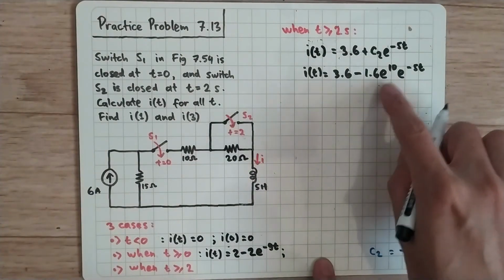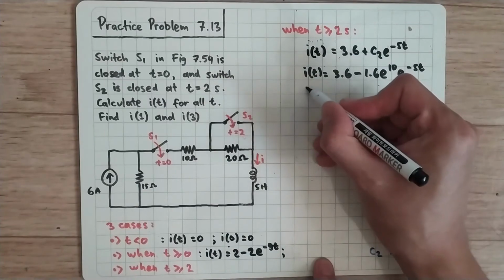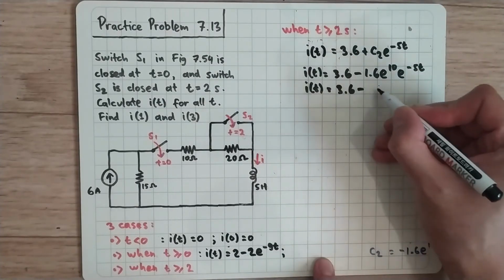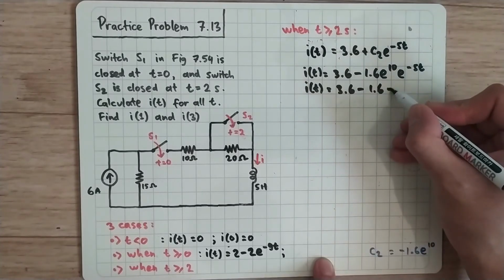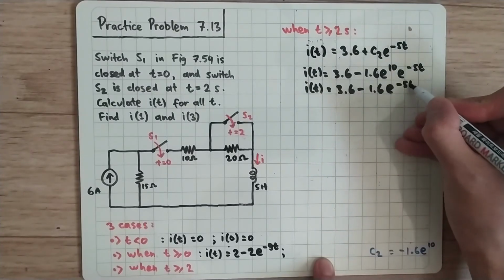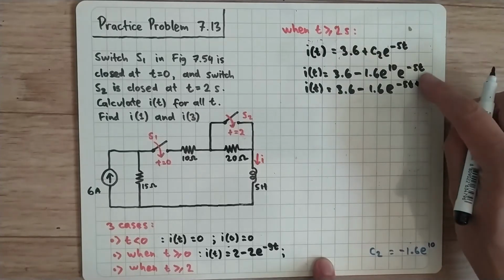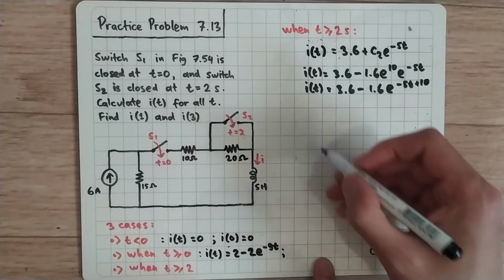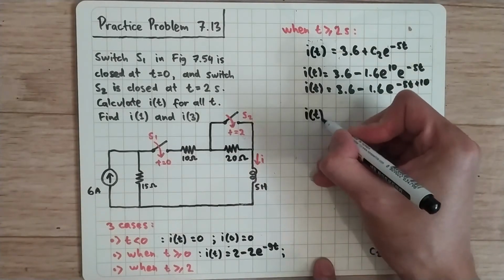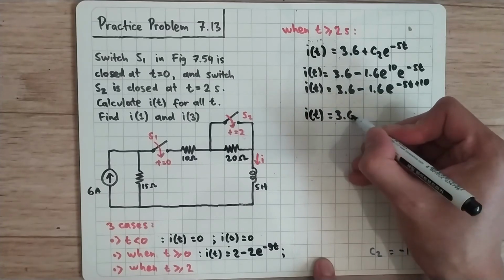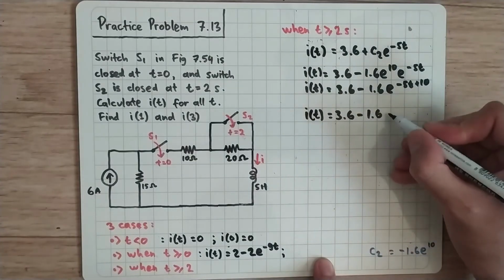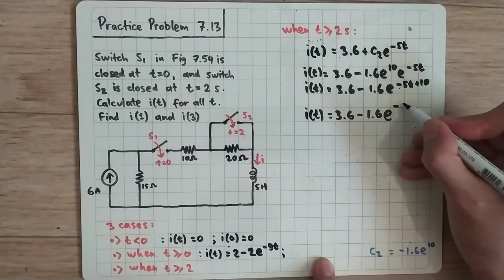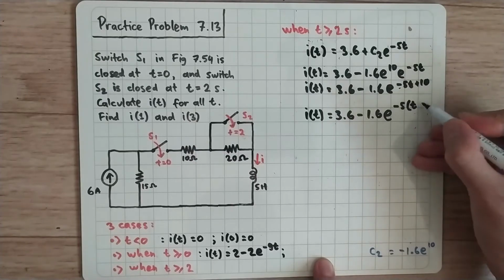This is e to the 10 and e to the minus 5t, so I can rewrite that as one exponential function. So 3.6 minus 1.6 e to the minus 5t plus 10, right? Plus 10. Okay, so I will have I is equal to 3.6 minus 1.6 e, and I can take out this minus 5 out, so I'll have minus 5 times t minus 2.